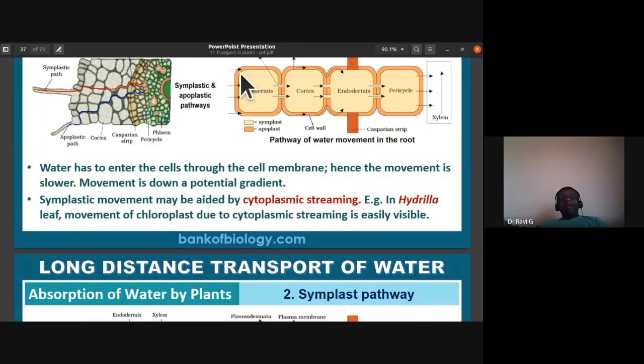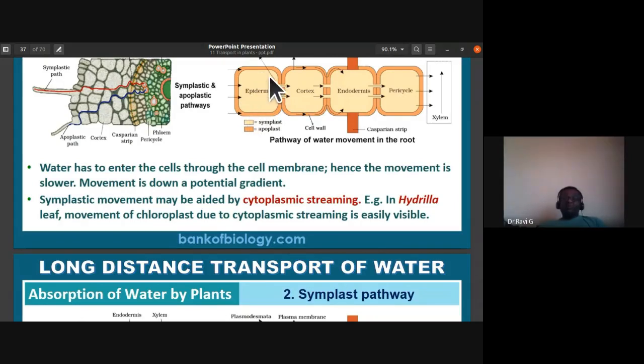Symplastic movement may be aided by cytoplasmic streaming in some of the cells of aquatic plants like the hydrilla leaf, which is a submerged aquatic plant. If you see, the cells show the cyclosis movement of cytoplasm, moving in a circular movement.